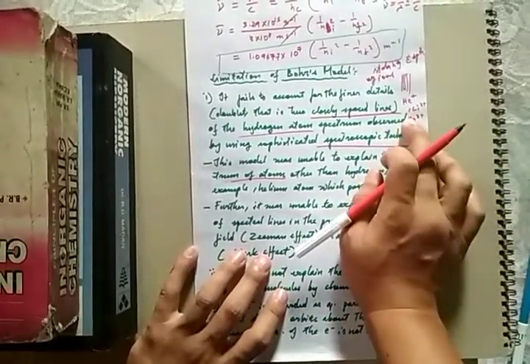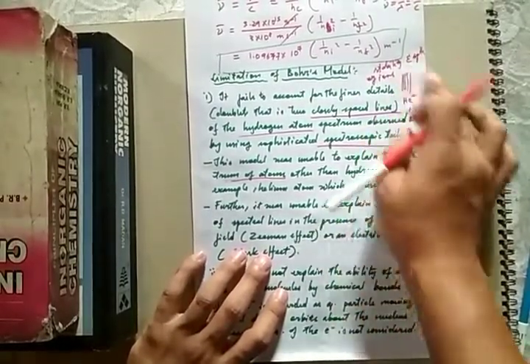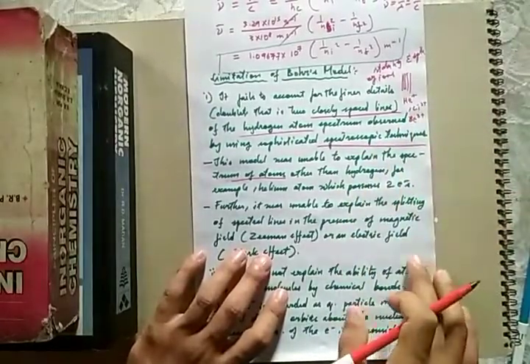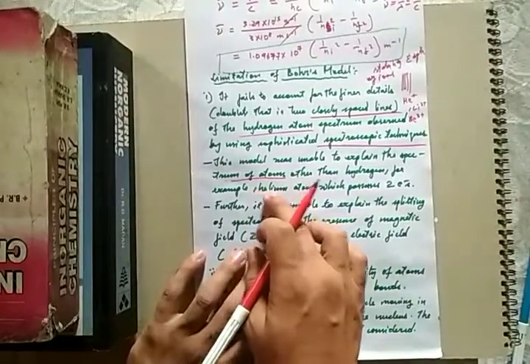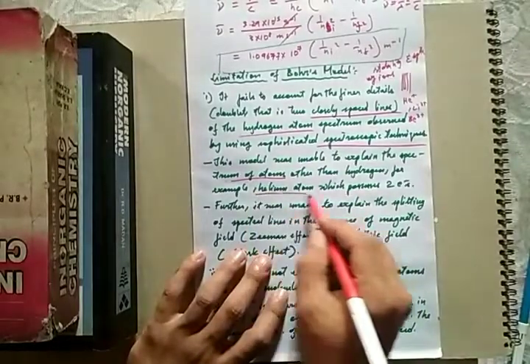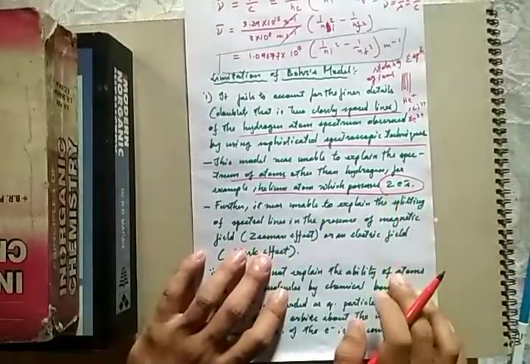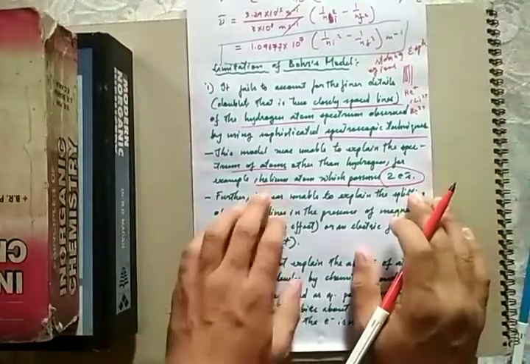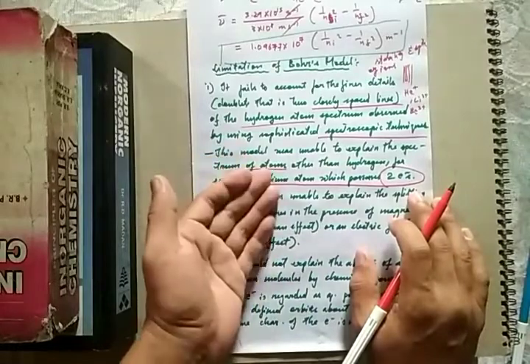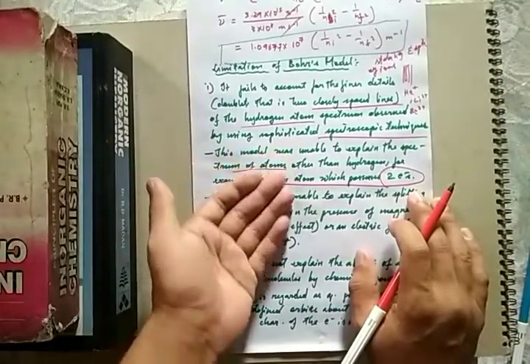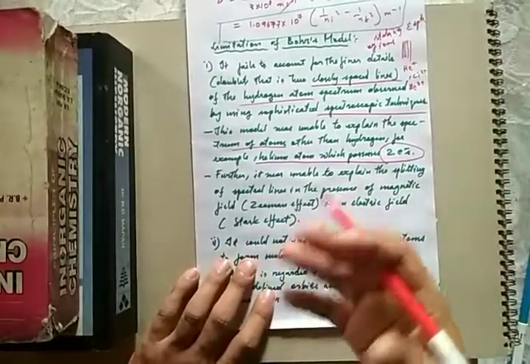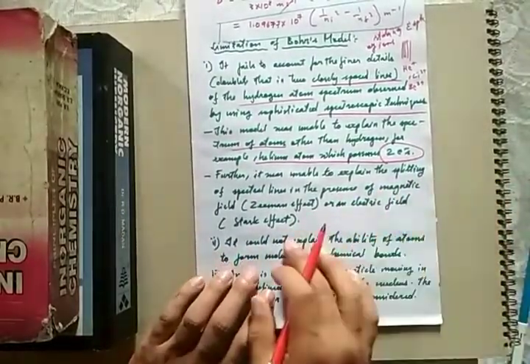It was able to explain the stability and spectral lines of these, which contain one electron, but it could not explain helium, which contains two electrons. So this theory failed to explain the spectrum of those elements having more than one electron.